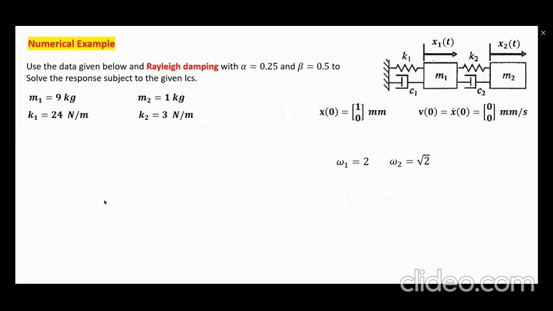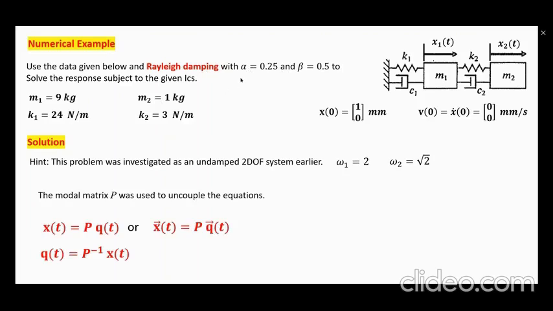So here's an example. It's the same problem as we did before, except that I am not giving you zeta 1 and zeta 2. I'm giving you the coefficients of Rayleigh damping. So alpha is 0.25 and beta is 0.5. So let's stick to these values and see what the result is going to be.